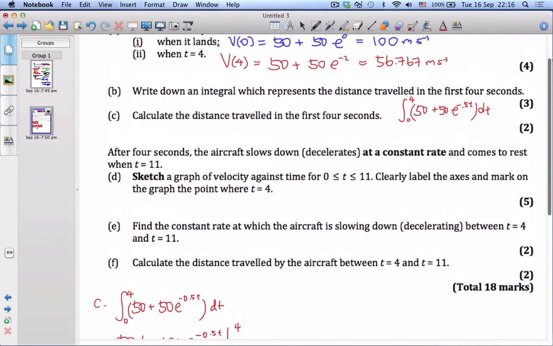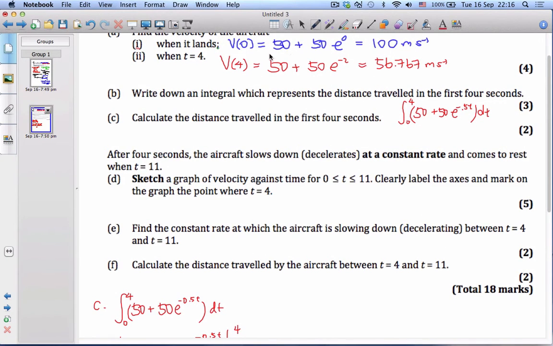Let's go back and remember some important information. At 0, when it lands, 100 meters per second. At 4 seconds, you're at 56.8 meters per second for 3 significant figures.